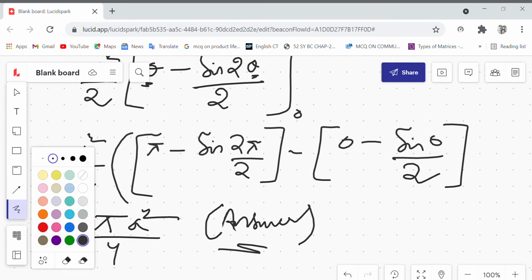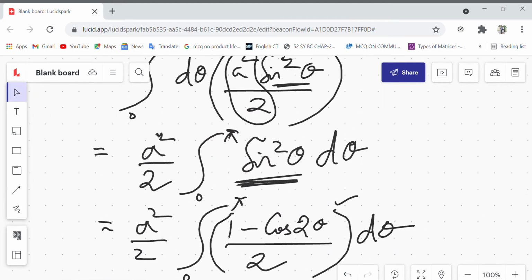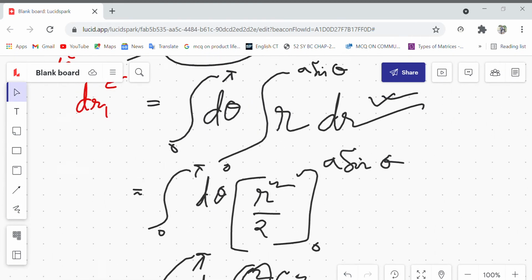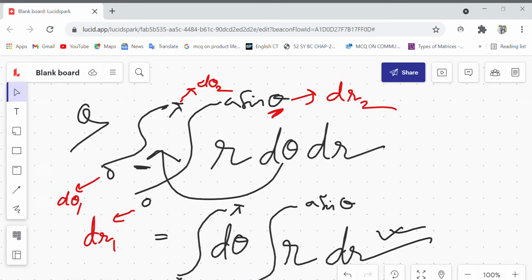Let me summarize once again from the beginning, then we'll move to triple integration. So this is basically the question.